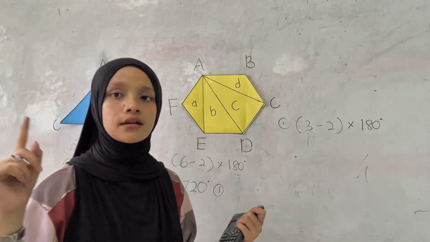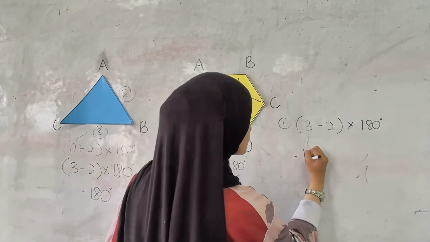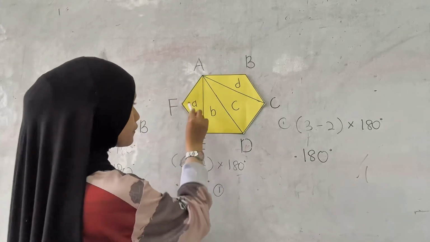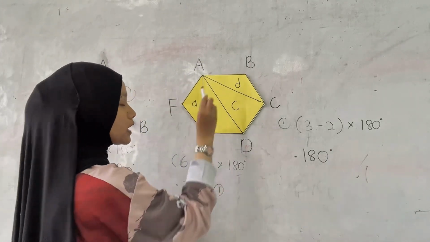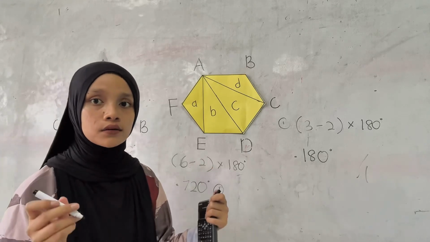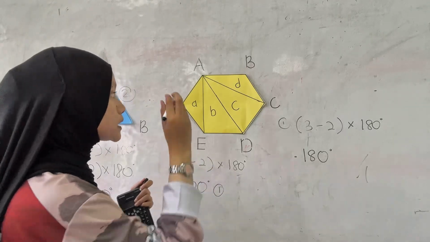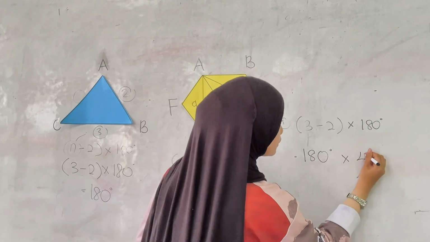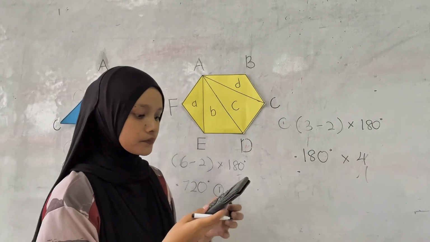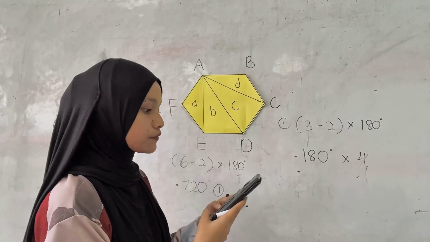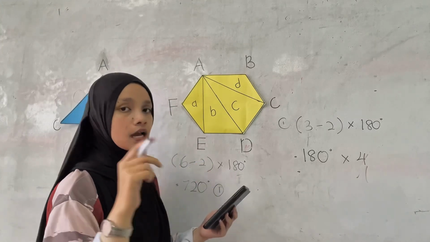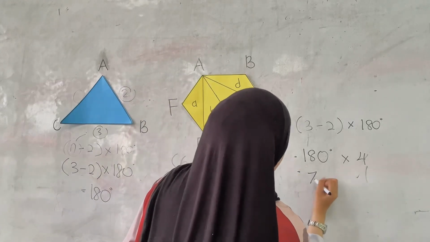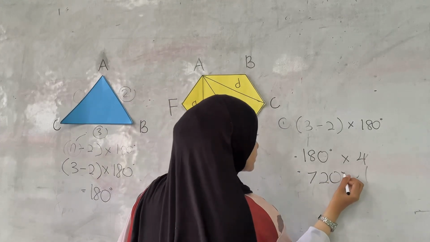So we got 180 right here. Every triangle has 180 degrees, so we just need to multiply it by 4. 180 multiplied by 4, we got 720 degrees.